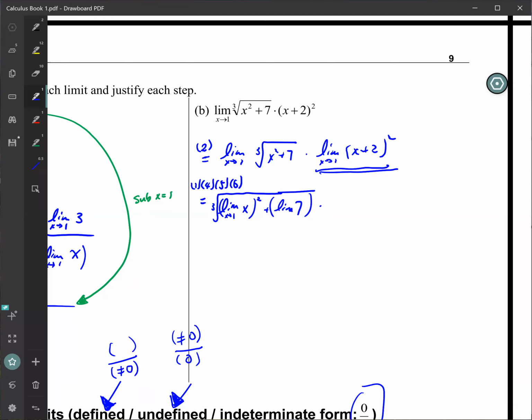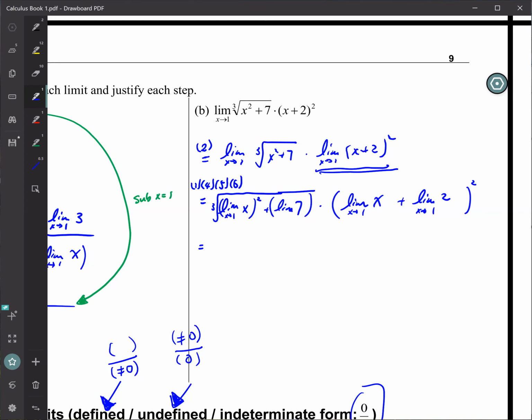So it will be the whole thing squared, and then lim x plus lim 2, right? You see, much shorter. Oh, okay, I wasn't sure if it could do that, so I just expanded. As long as you have the law to back you up, right? You have law number 5 to bring the exponent in, and law number 1 to do add and subtract, then you can do it. If you're able to explain, then you are safe.